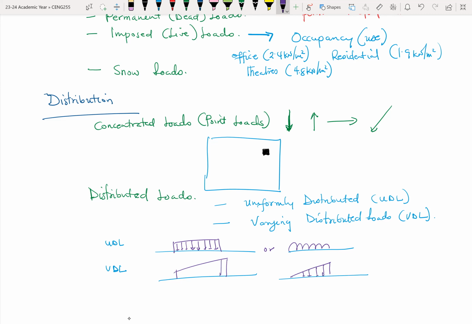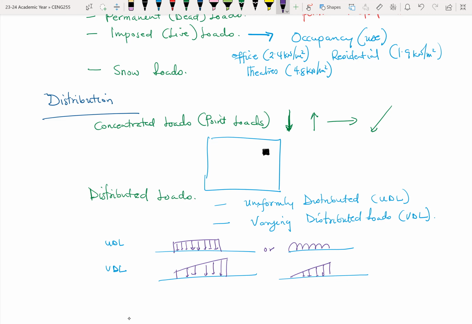Okay, so it can be in any orientation, right? The loads could be vertical, the loads could be upwards, the loads could be applied towards the right, towards the left. It could be in different directions, but usually the two of them mostly follow the basic shapes.